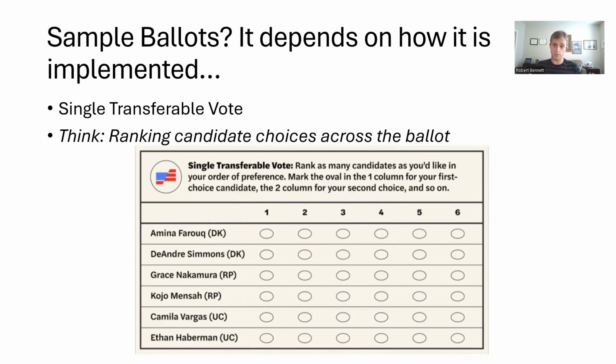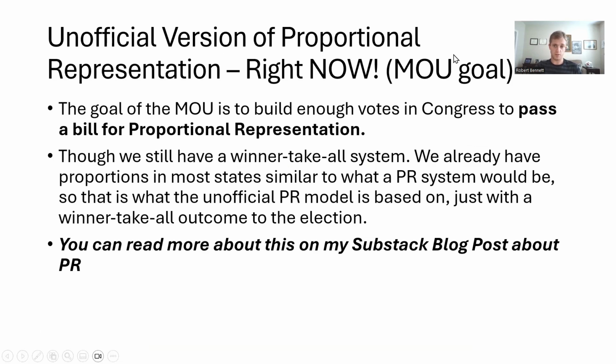Each candidate could be one party or another, but the emphasis in a single transferable vote is less so on the party, but asking you, what are your preferred choices? Maybe it's one candidate, maybe it's a second, and they have another candidate that is your second choice, and so forth. Pretty straightforward there, but those are just a couple of the ways that you could do proportional representation.